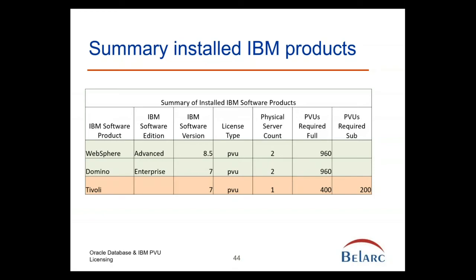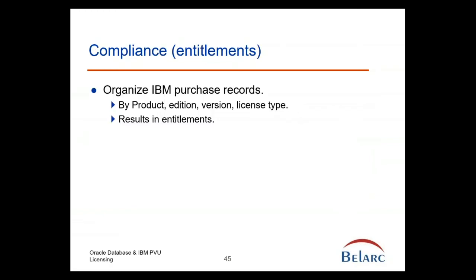In general, this table is organized so that you have the full capacity method next to the subcapacity method. And if you qualify for subcapacity, you take the smaller number. It's still a good idea to do this, even if you are not running ILMT, because then you can show your colleagues how much money you could be saving if you did qualify for subcapacity licensing. Again, we're showing the physical server count for completeness, even though it doesn't directly affect the licensing.